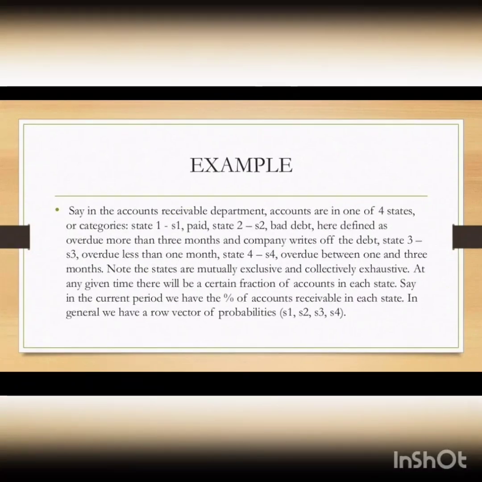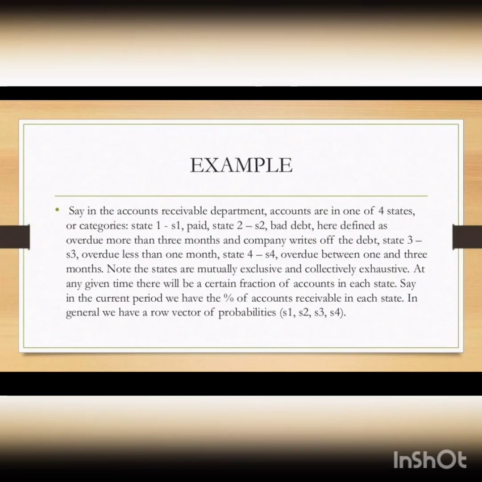Say in the accounts receivable department, accounts are in one of four states or categories. State 1, S1, paid. State 2, S2, bad debt, here defined as overdue more than 3 months, and the company writes off the debt. State 3, S3, overdue less than 1 month. State 4, S4, overdue between 1 and 3 months.